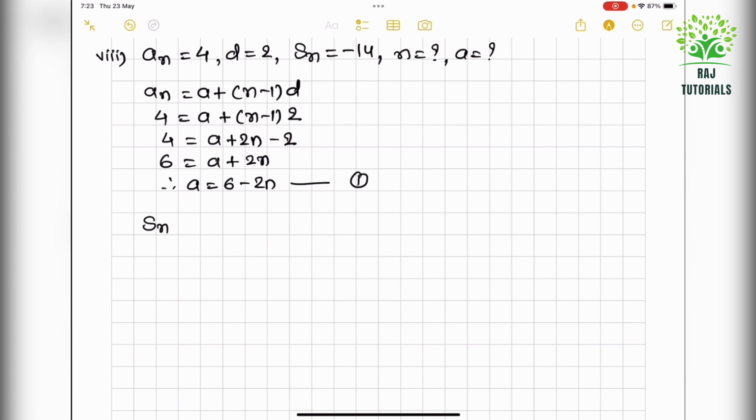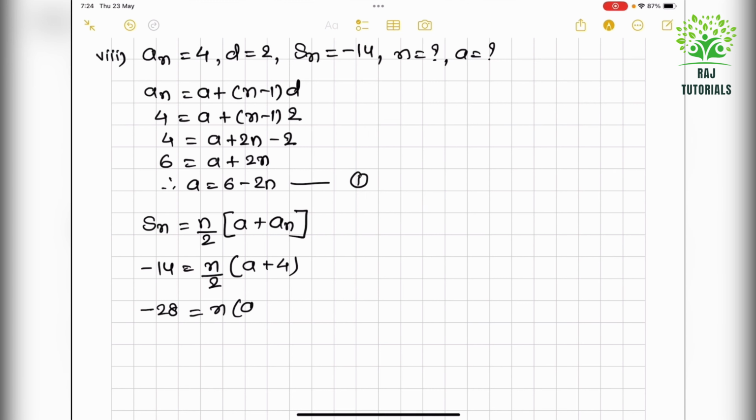Sn will be n by 2 into a plus an. So Sn is minus 14 and n I don't know, upon 2 equal to n by 2 into a plus 4. So minus 28 equal to n into a plus 4.